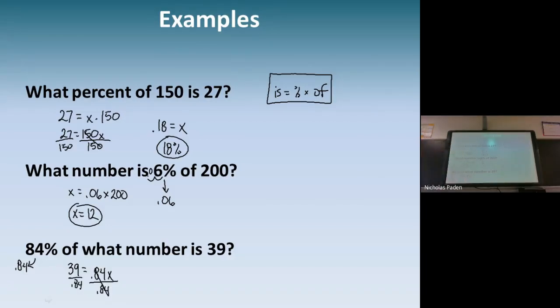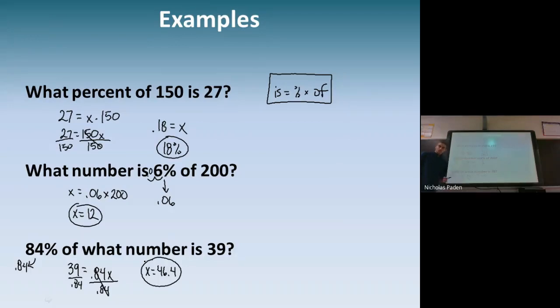We do 39 divided by 0.84. Make sure 39 goes on your inside, and then you've got to move your decimal point 2 times to the left there. You should get x equals 46.4. Okay. So those are those three.